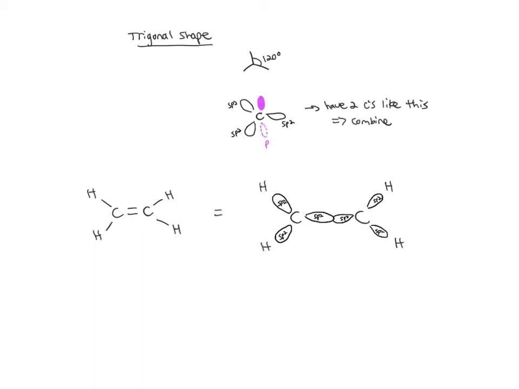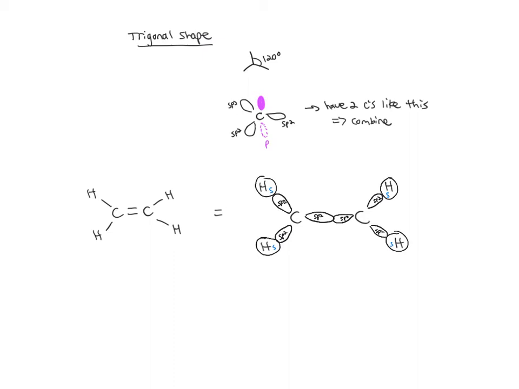For the H's, we can deal with them now because it's the same situation that we had with the sp3 hybridization. The H's can only use their s orbitals, so we're just going to draw in the s orbitals for each of those. Those are all just our s orbitals from our hydrogens, and they're overlapping to make those sigma bonds.